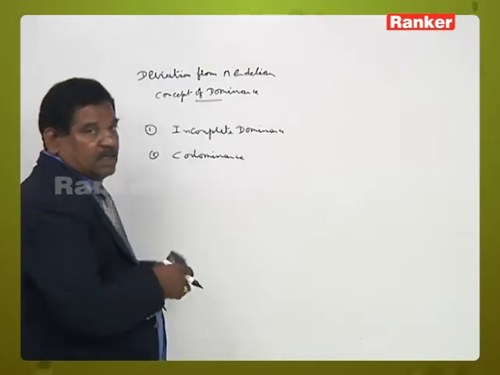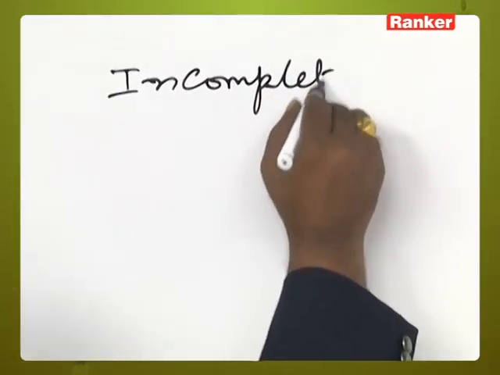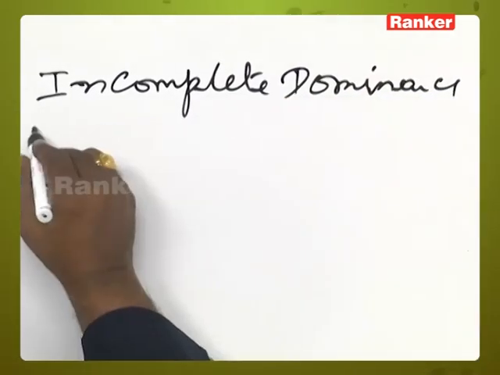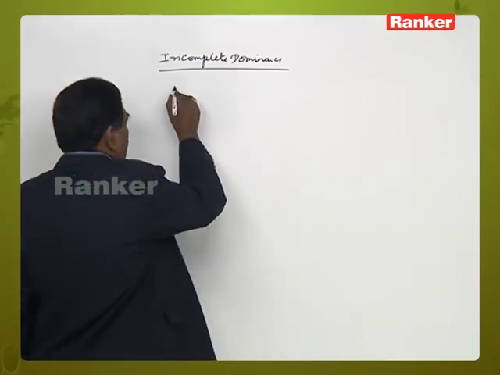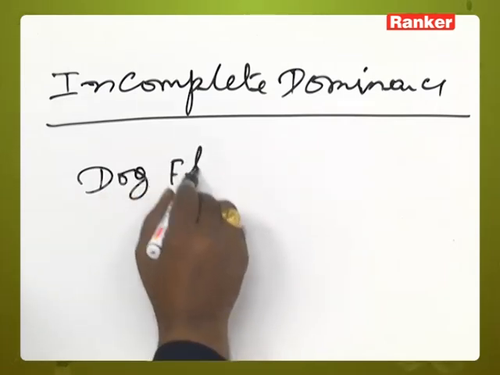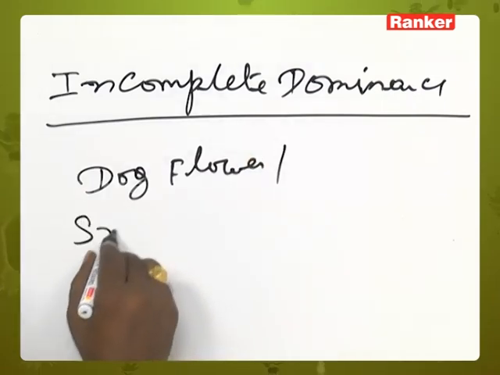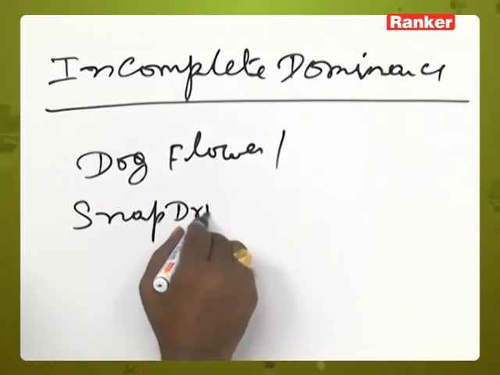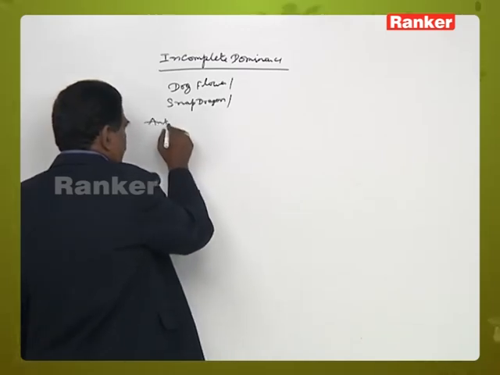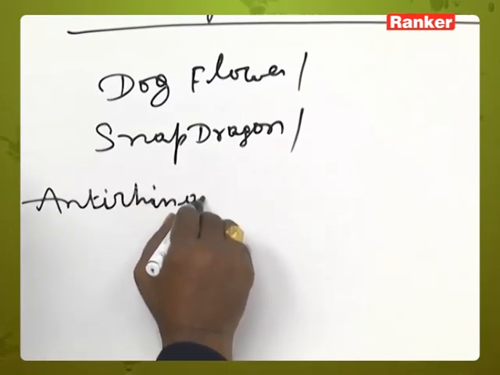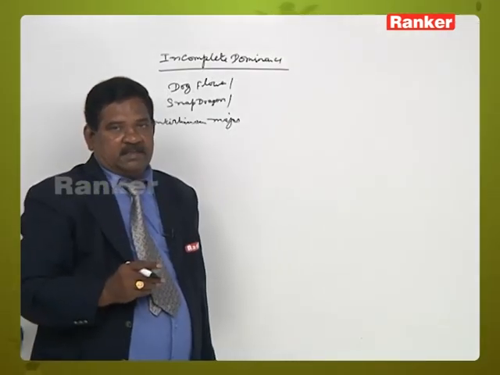Now first come to incomplete dominance, observed in dog flower, also called snapdragon, and the botanical name Antirrhinum majus.